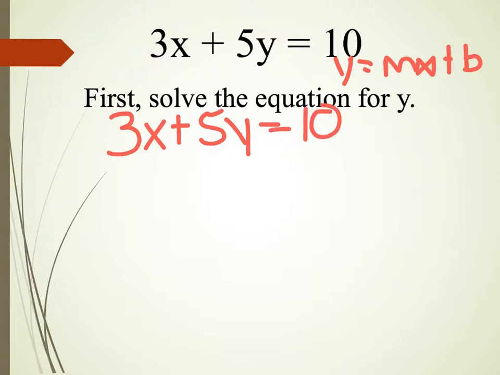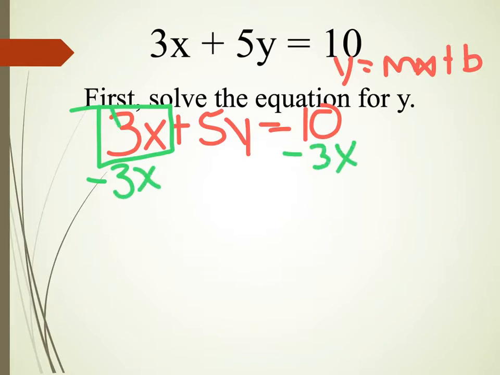The first thing we need to move is the 3x. The only way to move it is the opposite, and currently it is positive, so the opposite is minus, so minus 3x on both sides. It cancels out over here.